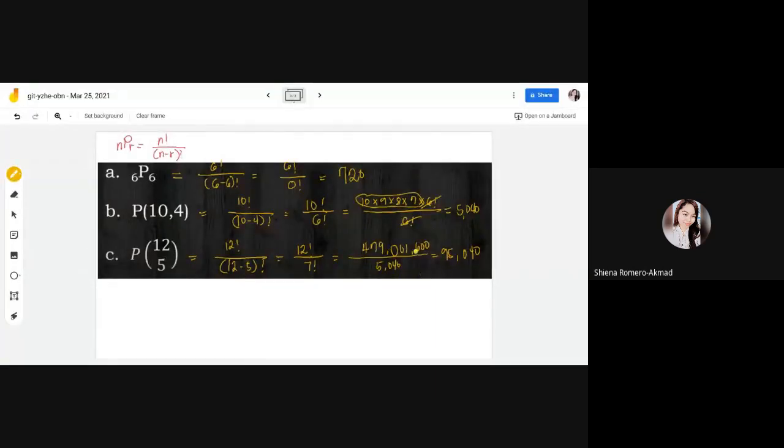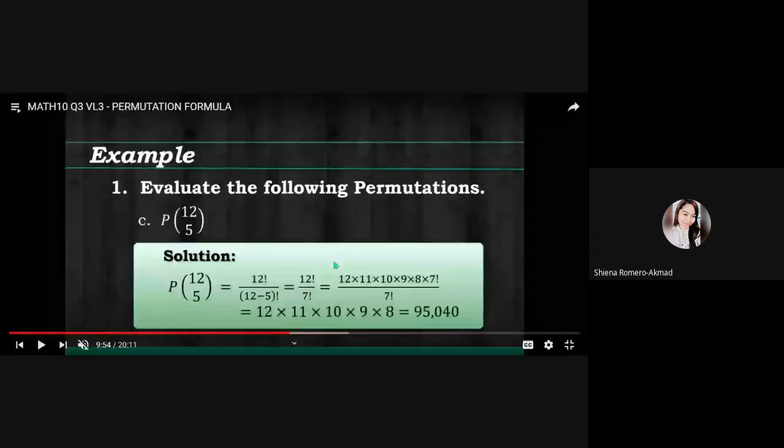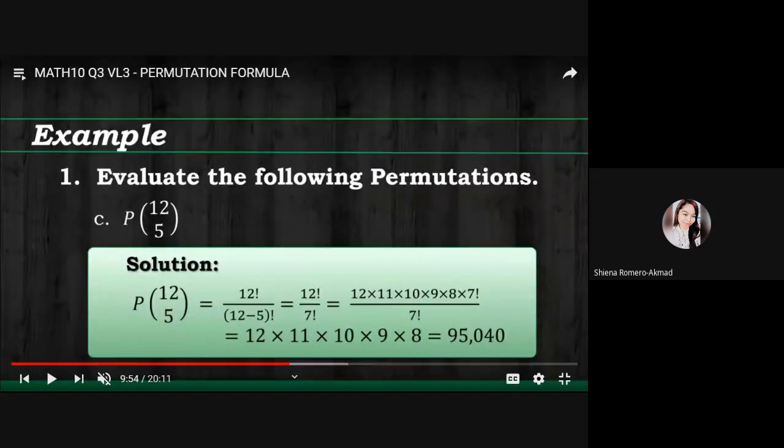So, pwede rin ganito. Pwede yung kaninang ginawa, yung cancel. Depende sa inyo, kung saan kayo mas nadadalian.